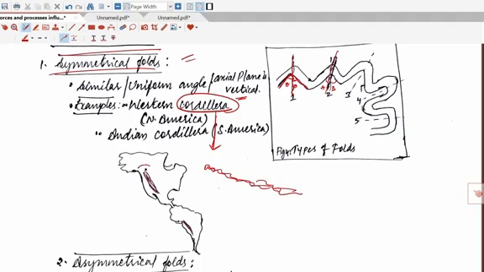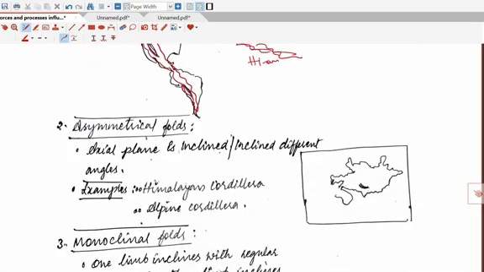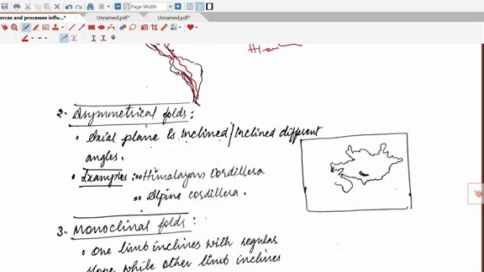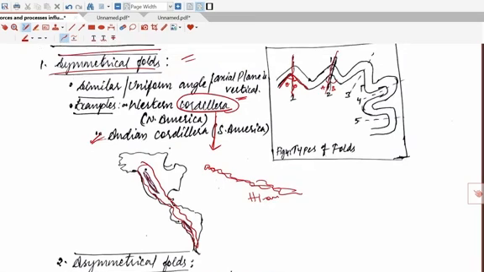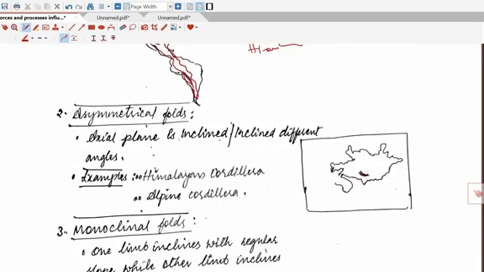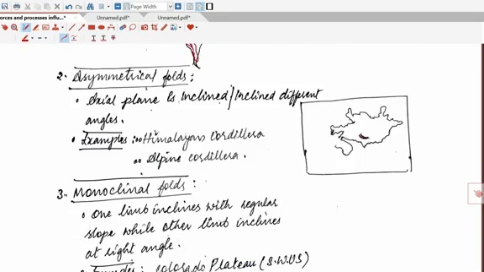This is the chain of North American and South American mountains, or we can consider our Himalayan mountains as Cordillera. So this is the Andean Cordillera of South America and the Western Cordillera of North America. Asymmetrical folds: the axial plane is inclined at different angles, which we have discussed here. So I think you understood what is an asymmetrical fold, and examples are the Himalayan Cordillera and the Alpine Cordillera.